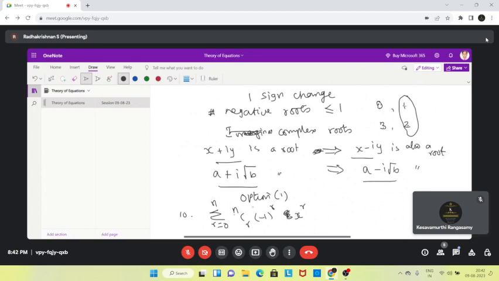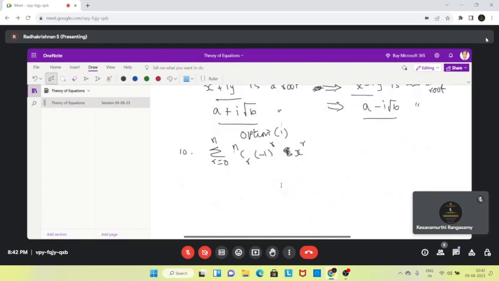So what do you see? This should strike something, right? An expression like this: nCr into minus 1 to the power of r into x to the power of r, where r equal to 0 to n. What is it actually?